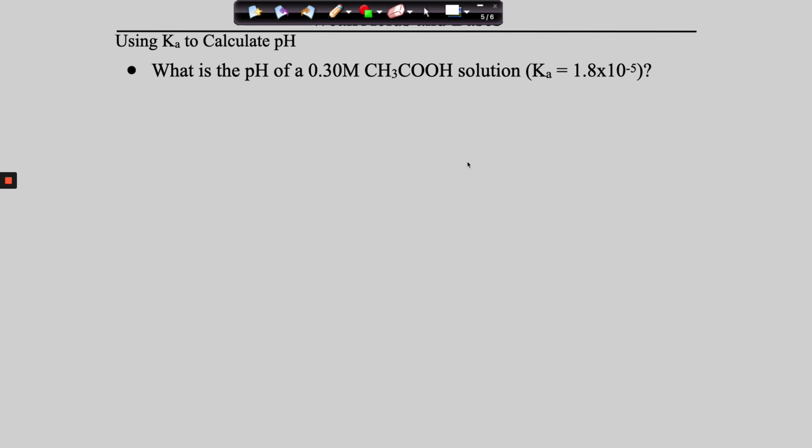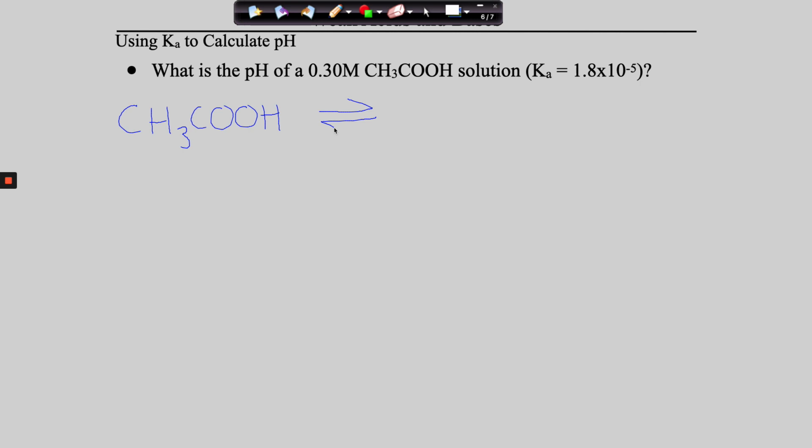Doing this with me, the first thing we're going to do is write down our weak electrolyte, the vinegar. Then, I want to give myself a little more space. It's a weak acid.